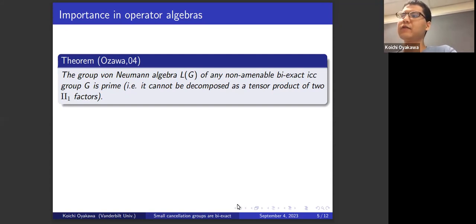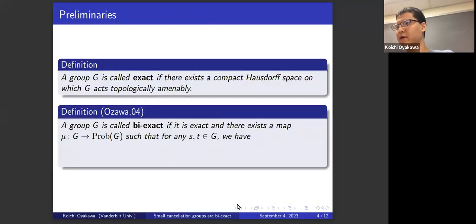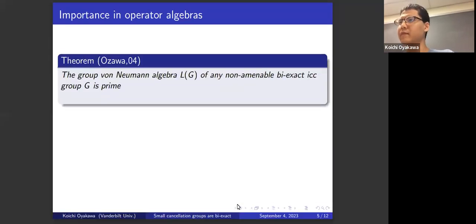His motivation for proving this theorem was generalizing that result to any hyperbolic groups. And in proving that von Neumann algebras of hyperbolic groups are prime, he found this property of bi-exactness. That is the original motivation for which he defined bi-exactness.